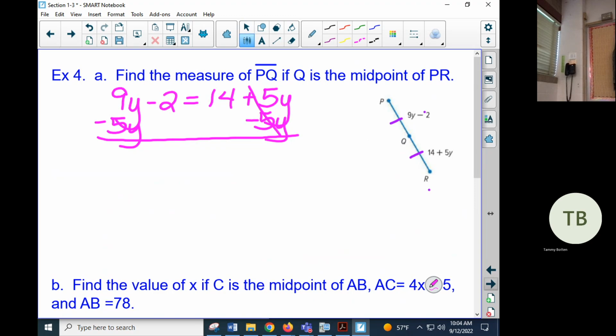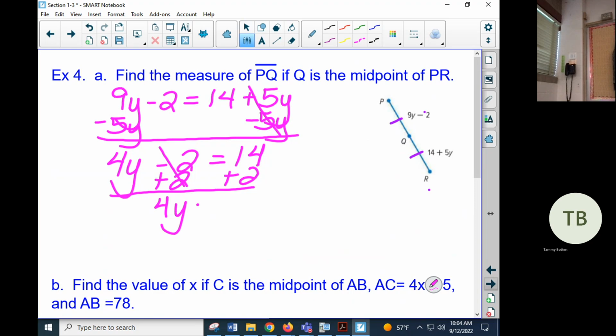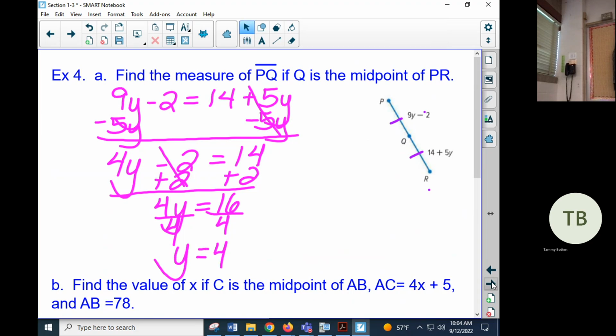What is 9y minus 5y? 4y minus 2 equals 14. Then I bring the 2 over by adding 2. And I would get 4y equals 16. Divide by 4. And y is 4.